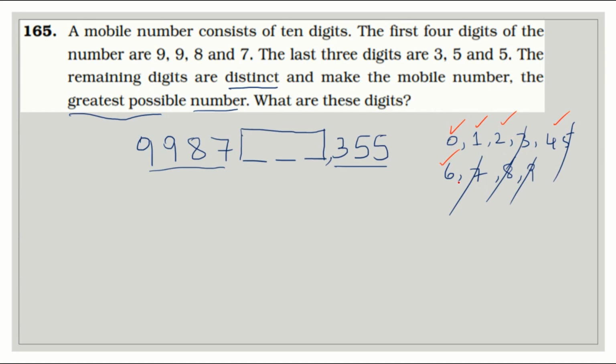Out of them the greatest is 6, taken here, and next a little smaller than 6 is 4, taken here, and a little smaller than 4 is 2, taken here. Therefore, the digits 6, 4 and 2 will satisfy our condition.